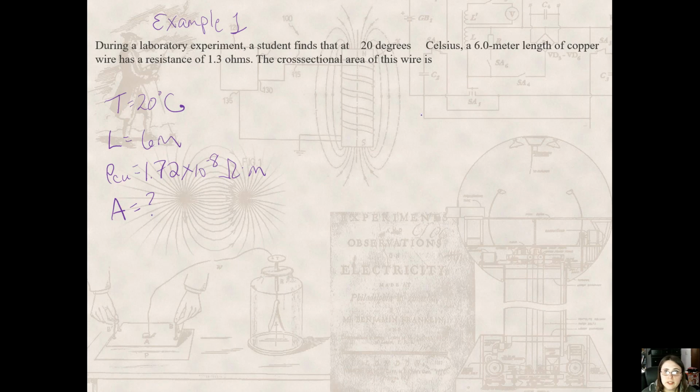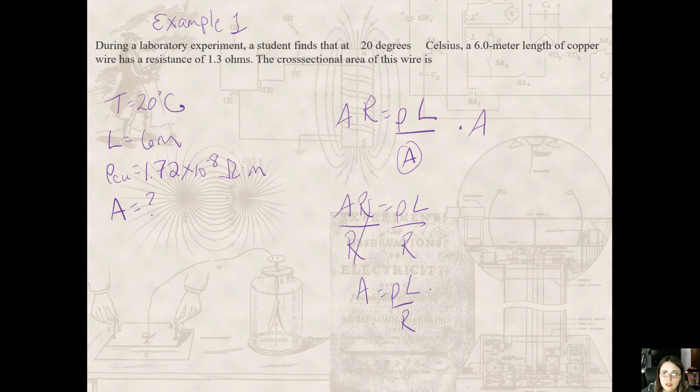The equation we're going to use is R equals rho L divided by A, and we're going to solve for A. So you multiply both sides by A and then divide by R. A is equal to rho L divided by R, which is 1.72 times 10 to the minus 8th times 6, divided by the resistance, 1.3 ohms.